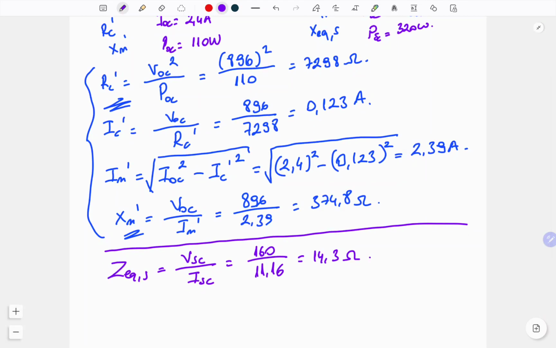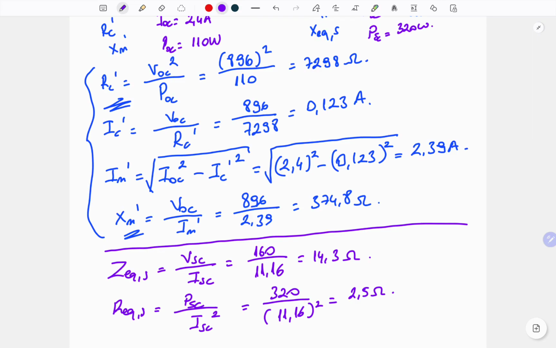And after that, the resistance can be calculated, which is the equivalent secondary side referred copper losses represented in the circuit. Short circuit power divided by short circuit current square. From the short circuit test data, we can calculate it, and it will be 2.5 ohms.